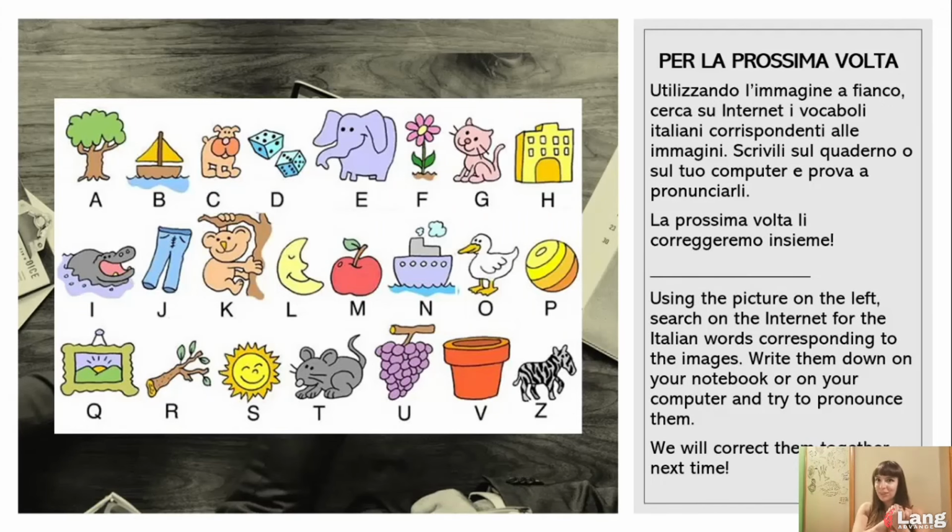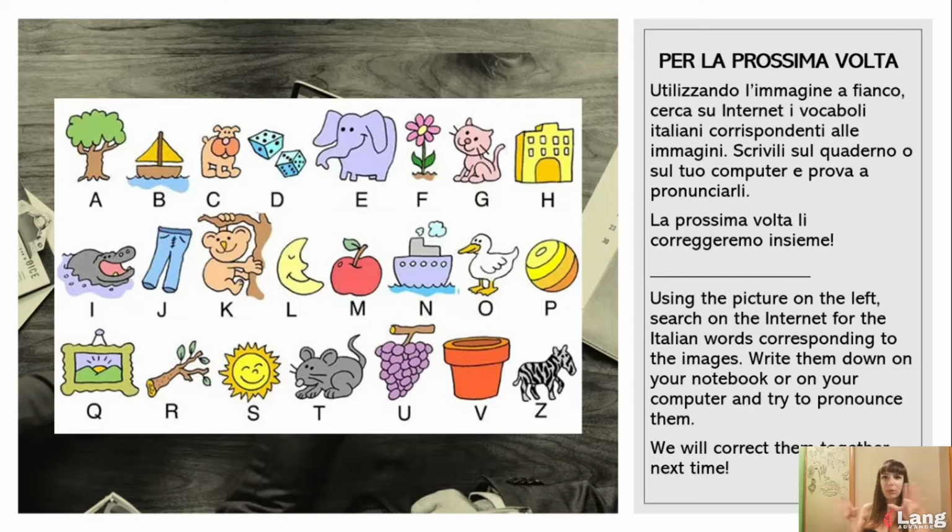For today we are over. I hope you enjoyed this lesson. It was very basic, and what I would like you to do now is to use this picture, this image, and also the link that I attached in the resources.